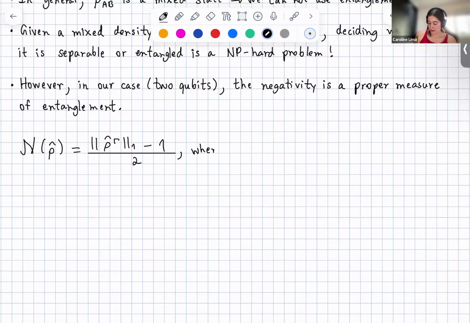And then what is each of these things, right? This notation here is the partial transpose of rho, okay?